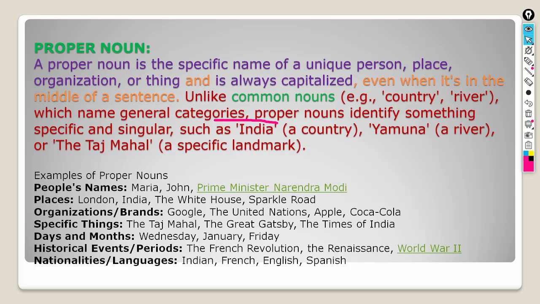Therefore, we can remember proper noun in this way, that it is always capitalized. So when you are talking about India, then I is capitalized. Therefore, proper noun is always capitalized.